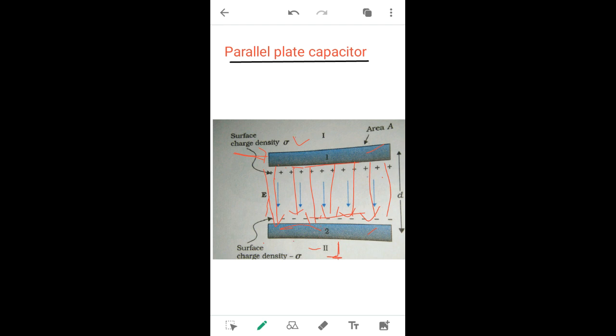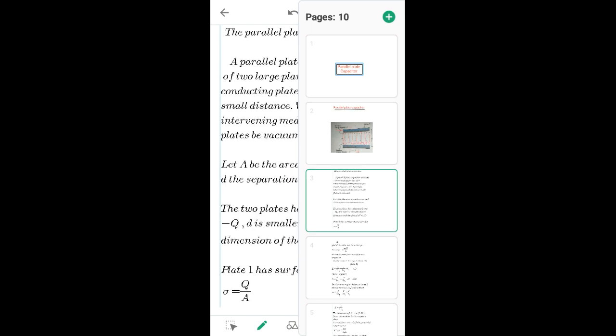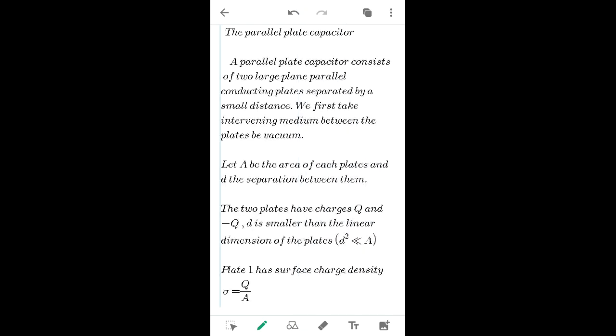From Gauss law, for the outer surface the electric field will be 0. Okay, so we'll derive the equations in this slide.